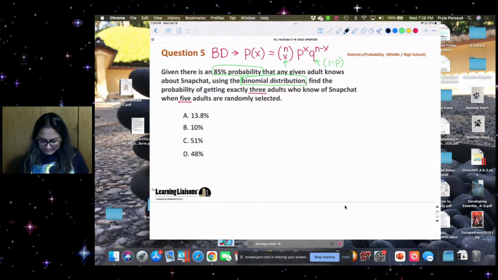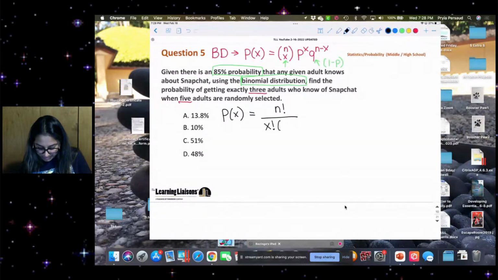Does that even sound remotely close to anything that anyone's thinking? If I rewrote this, I should have n factorial all over x factorial, n minus x factorial, p to the x, and q. But I said I was going to use 1 minus p to the n minus x.